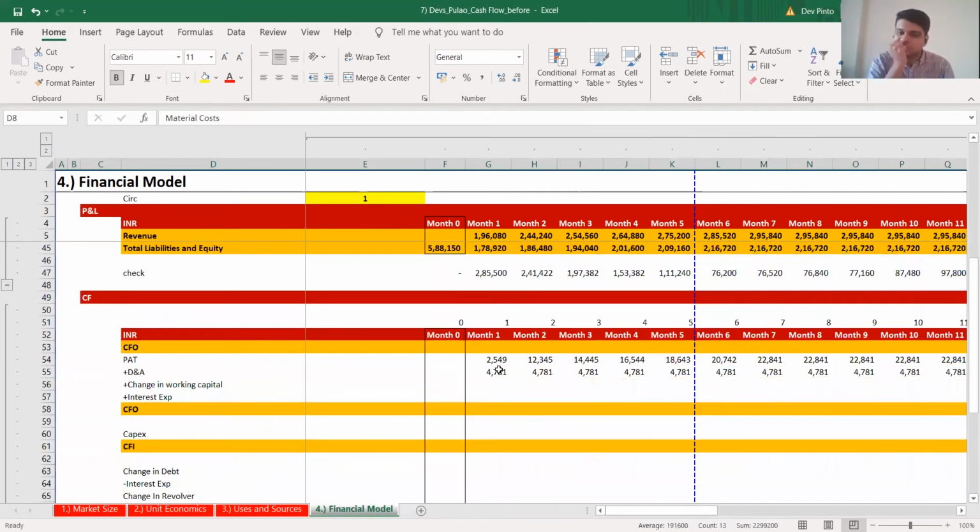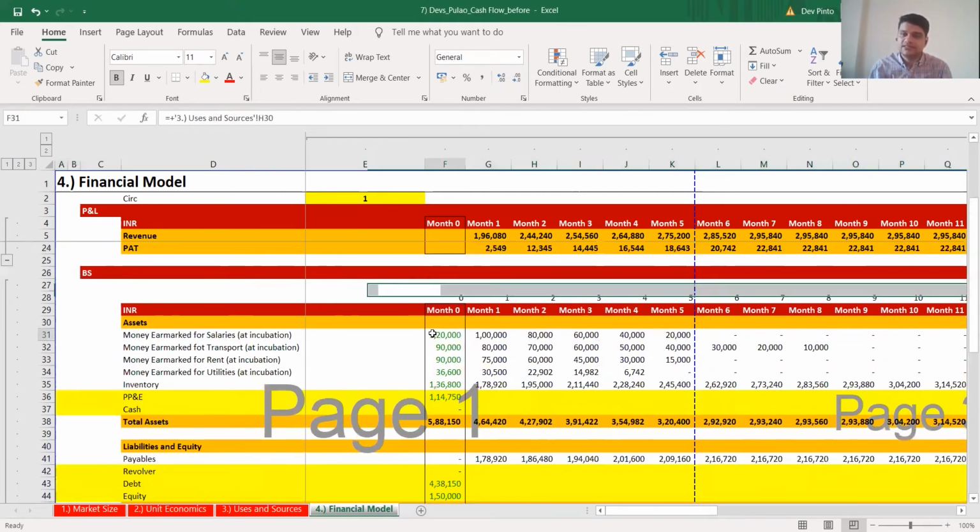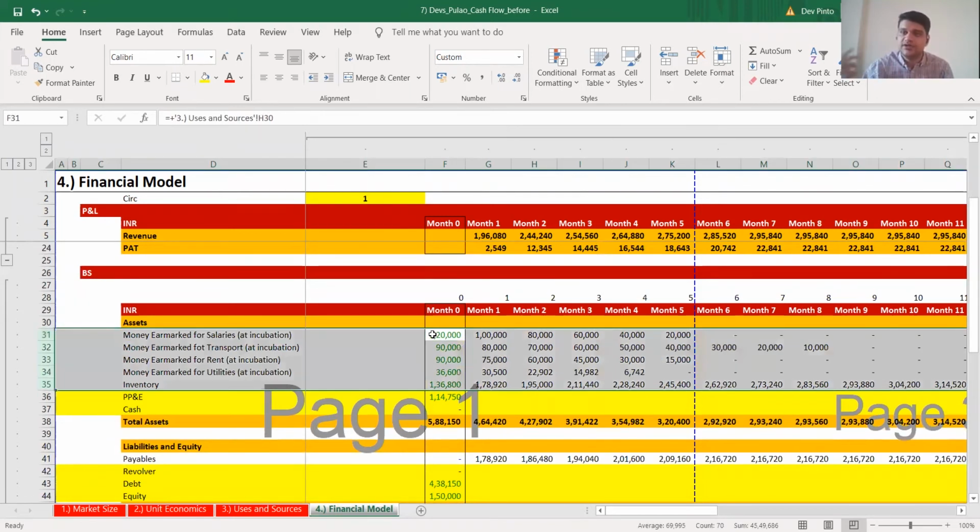Now, remember what I said: when we started this business, we didn't know how it was going to ramp up, and basis that we capitalized certain budget for all of these items upfront in case we couldn't generate revenue to pay these costs if and when they were incurred. In our case, luckily, we ramped up revenue.